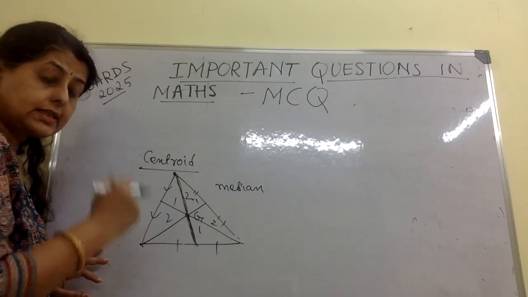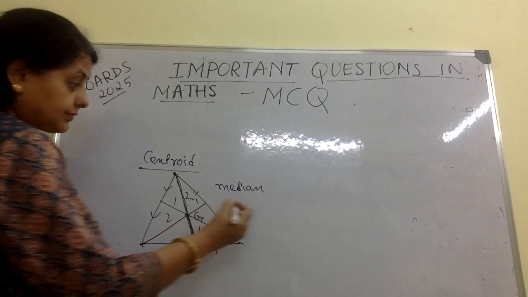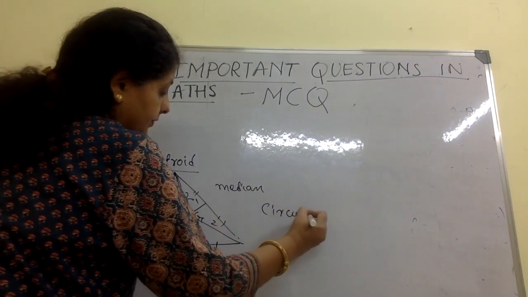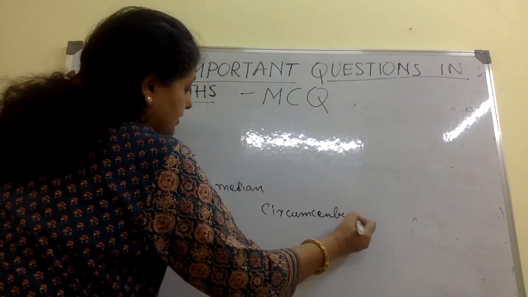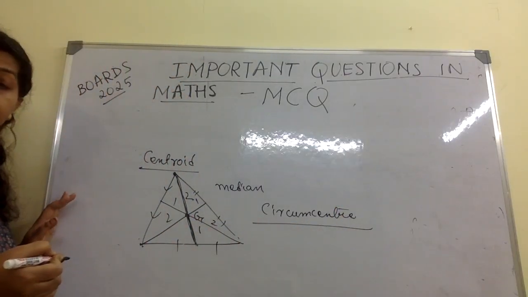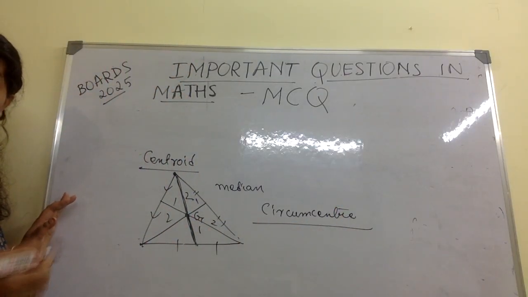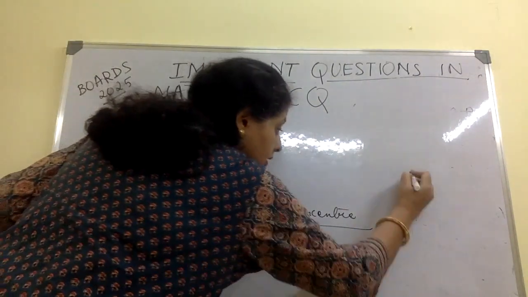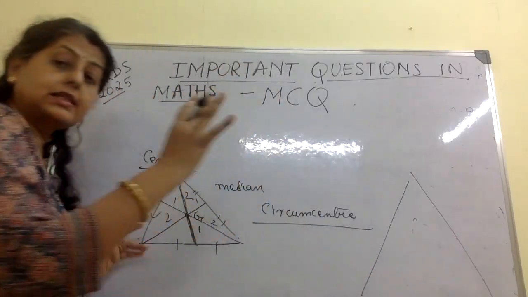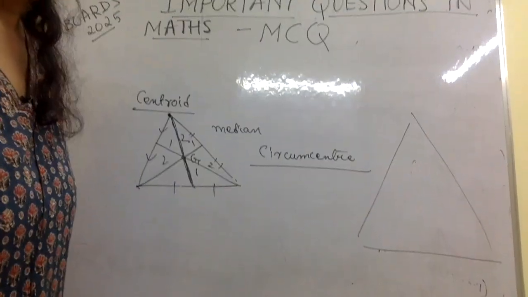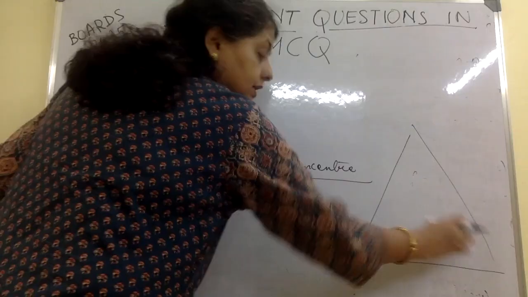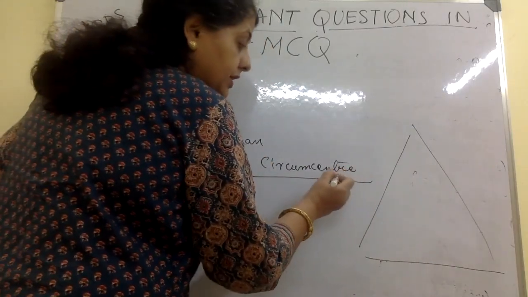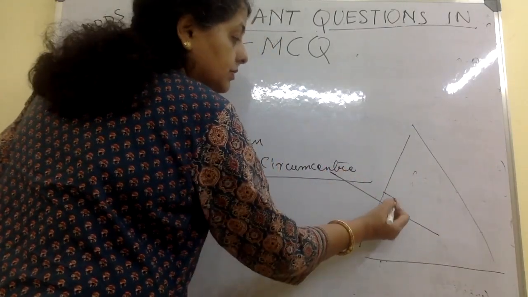Let's come to the next thing, which is circumcentre. Circumcentre is the point where the perpendicular bisectors of the sides of a triangle meet. It has nothing to do with meeting the vertex.